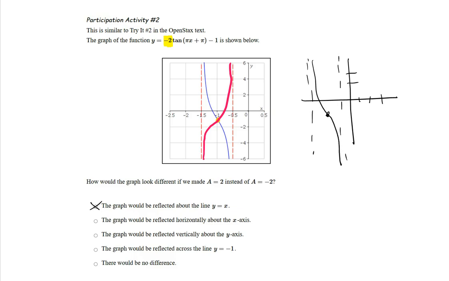But if it flipped around the x-axis, this point here would end up here. It would be pivoting around this point here. And so every point would pivot around that. So this point would end up here. And it's not doing that at all. So it can't be that one.